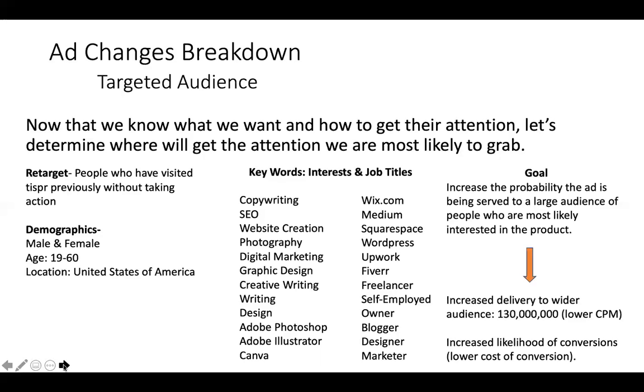It's going to give you a lower cost per thousand if we can get that number. If we can get, of those 130 million, 6.5 million to be served that ad, we're going to lower that cost per thousand to that $7.77 that we're looking for. And we're also going to increase the likelihood of the conversions because you're going to have people who are already interested or may benefit greatly from the product.